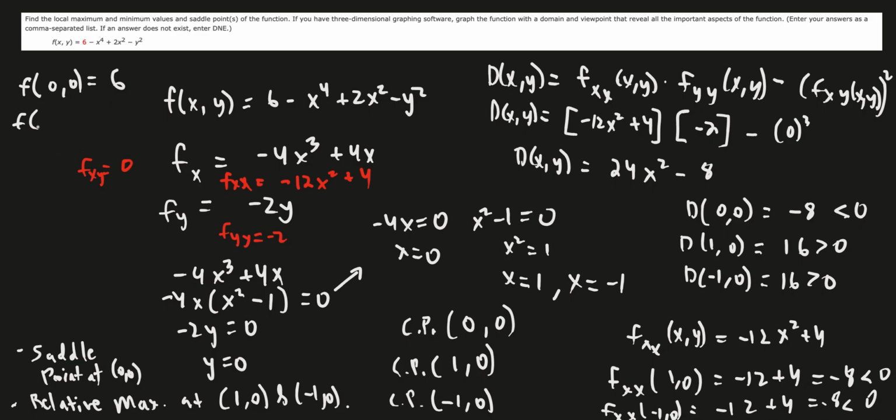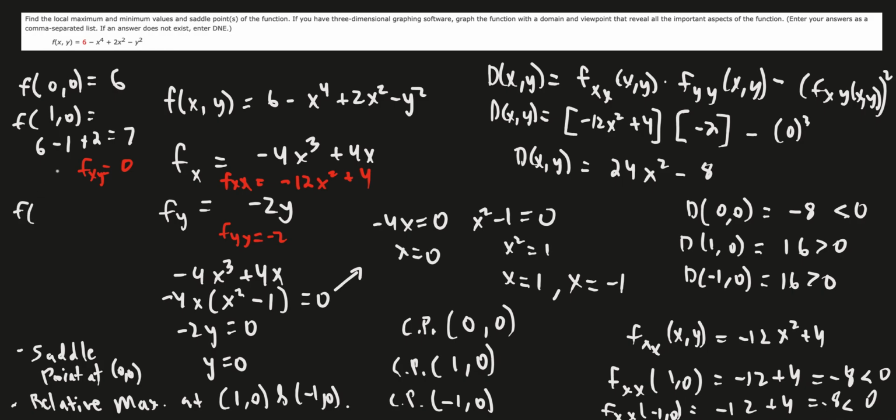And then f of 1, 0 is 6 minus 1 plus 2 minus 0. So that's 7.